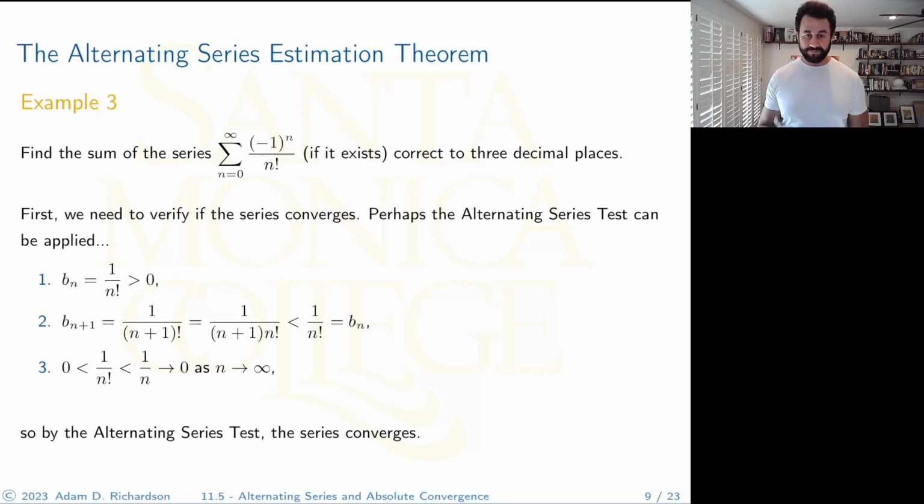Check. Next thing is that we know that 1 over n factorial is greater than 0, and it's also less than 1 over n. So by the squeeze theorem, because both of the limits of these outer sequences is 0, the limit of the inner sequence must also be 0.